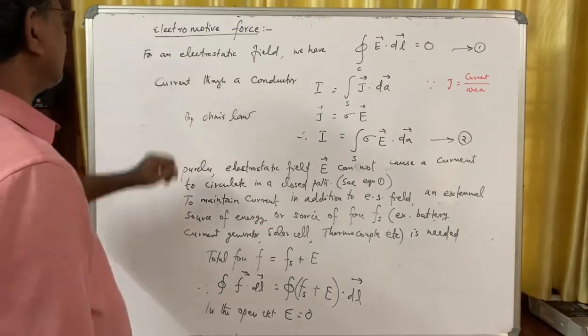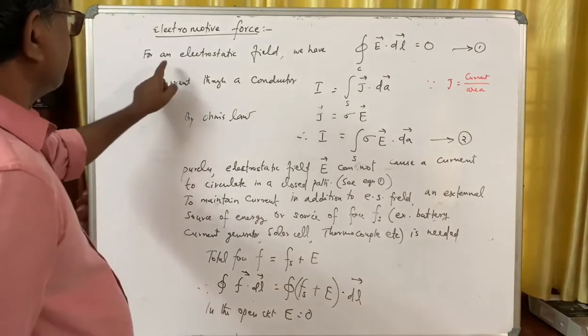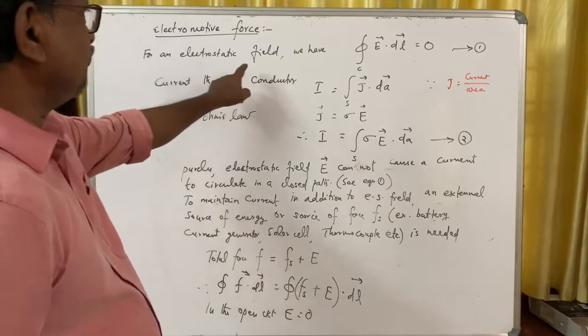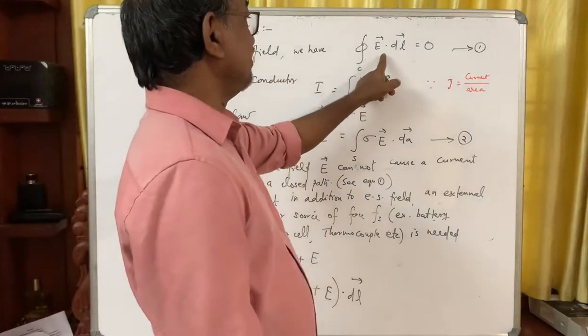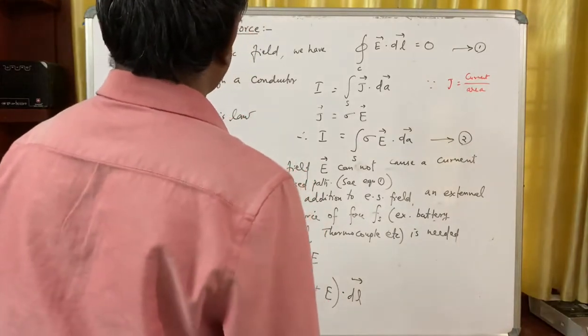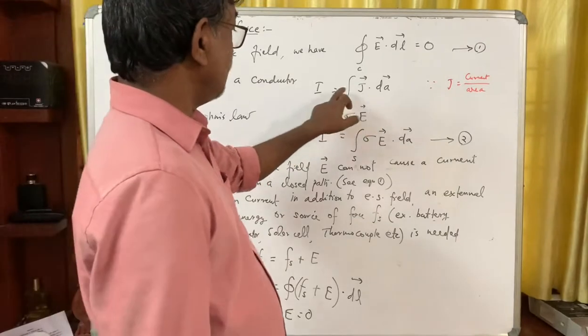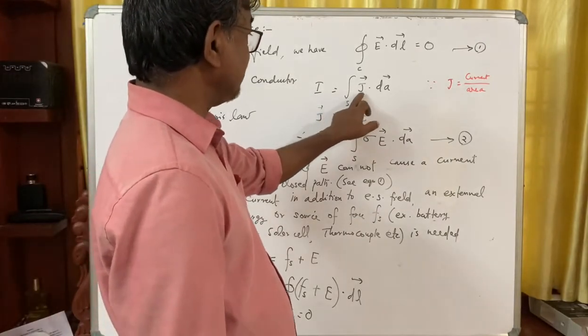Now, let us consider what is meant by electromotive force. We know for an electrostatic field, closed line integral E dot dl equal to 0. And also, we know that current through a conductor is I equal to surface integral J dot dA.